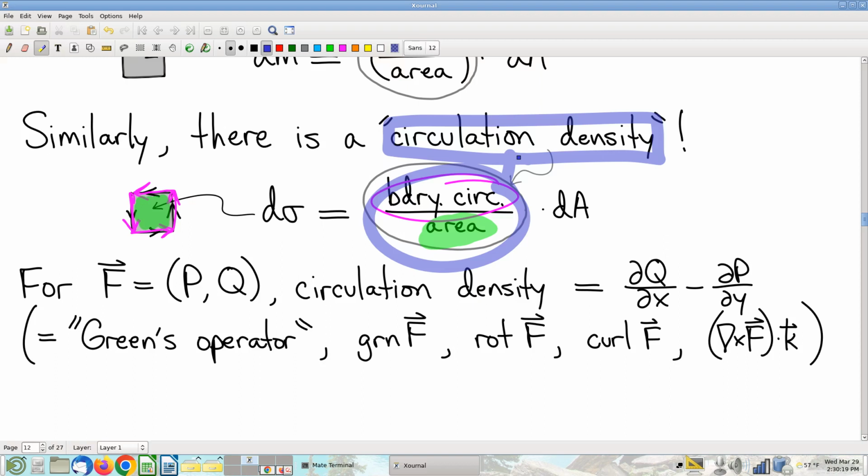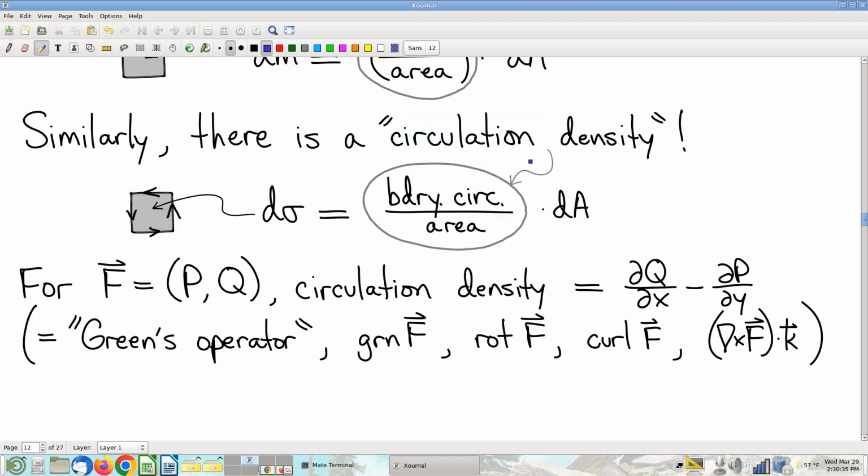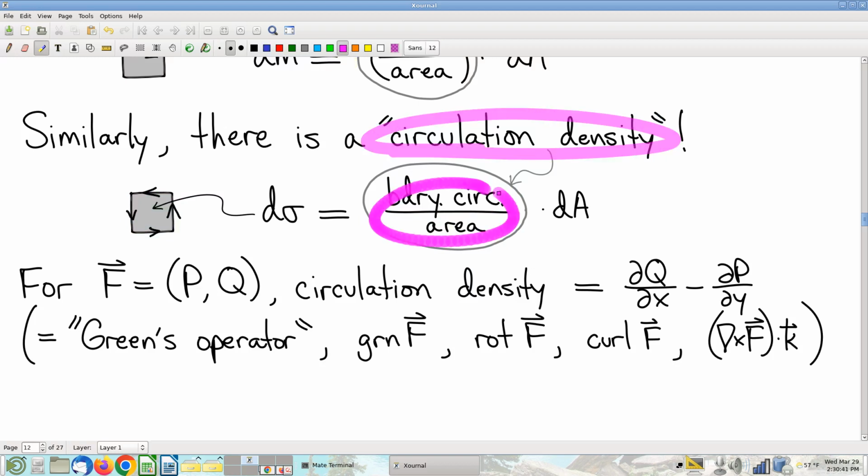And as such, stuff per unit size, perfectly reasonable. This is the next really huge idea in developing Green's theorem. This idea of circulation density. Now, there's some notation that I have to get said. Circulation density, this formula. We can compute it.